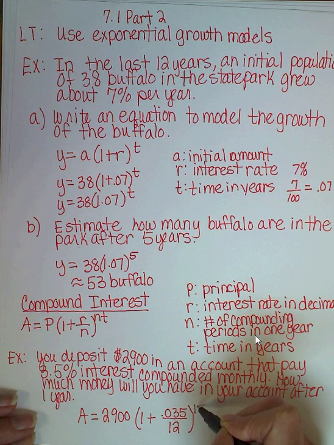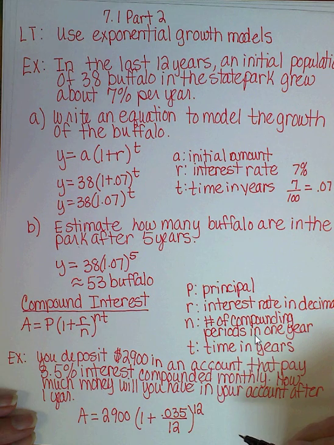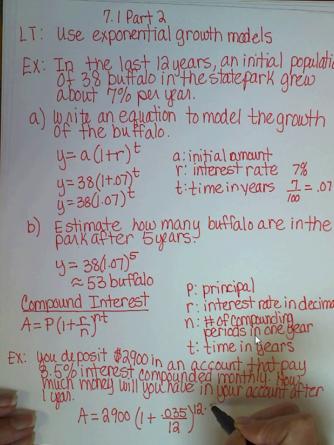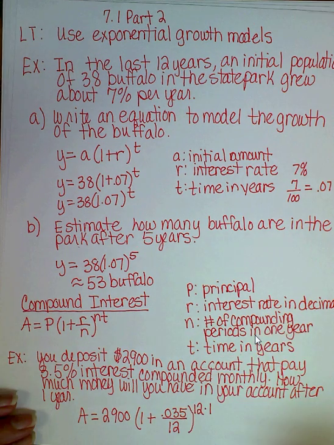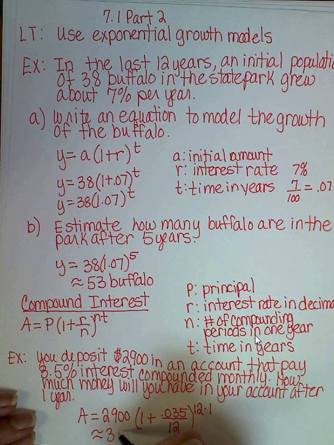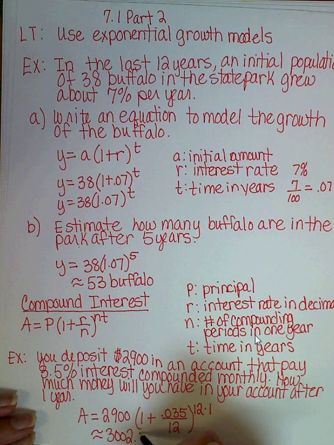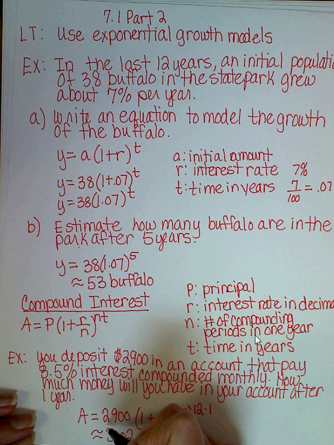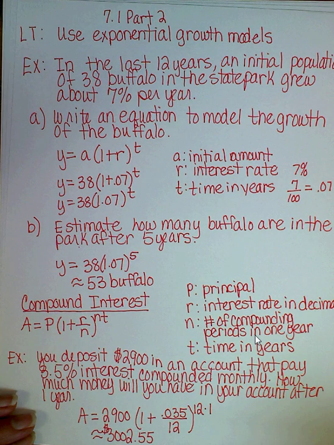We use this same 12 right here, and the time is 1 year. So you just enter this in your calculator, and your money would grow to $3,002.55. So that's not too hard. All right, that's the end of part 2.